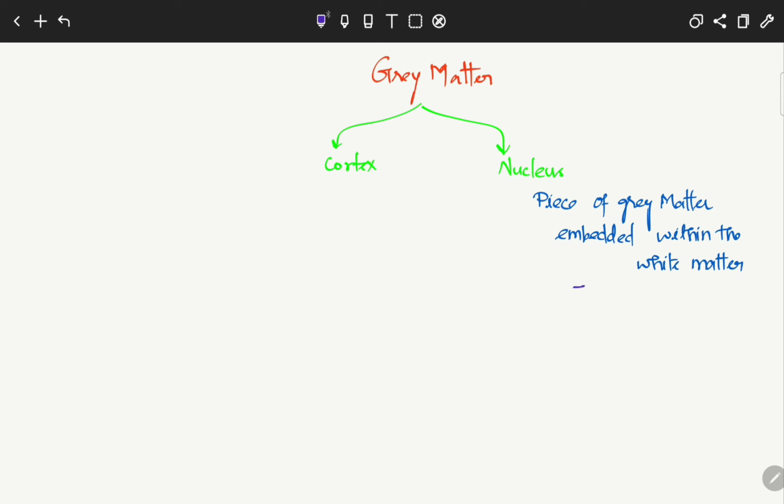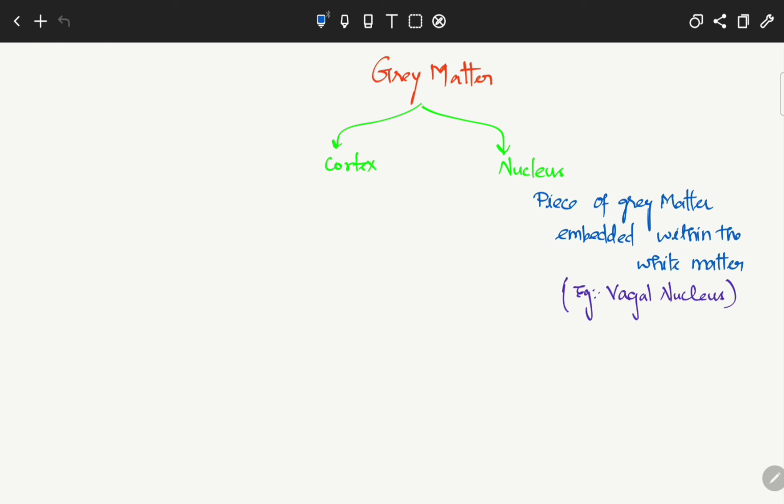For example, the vagal nucleus. Just trust me that there is a nucleus called the vagal nucleus towards which the vagus nerve carries impulses and releases them in this nucleus.